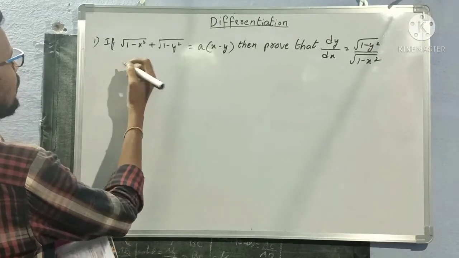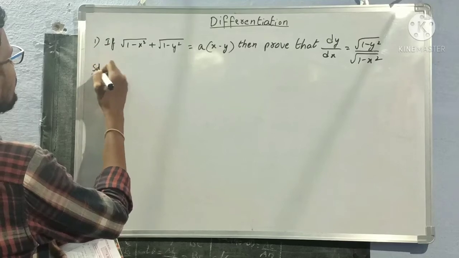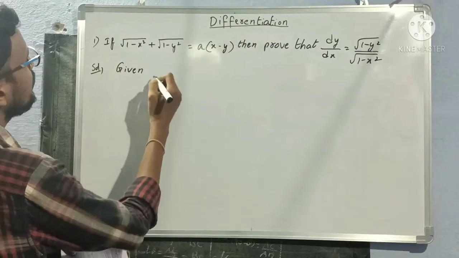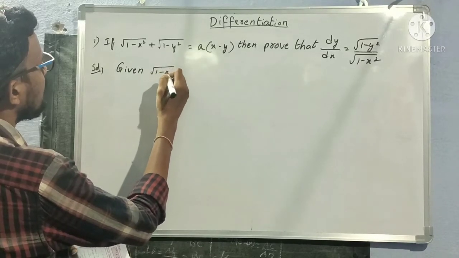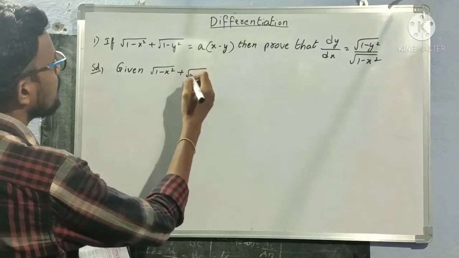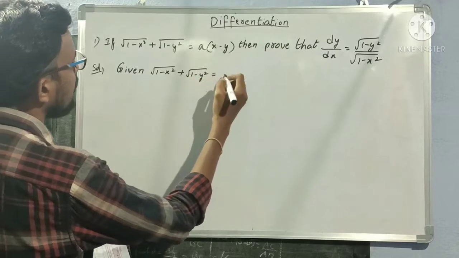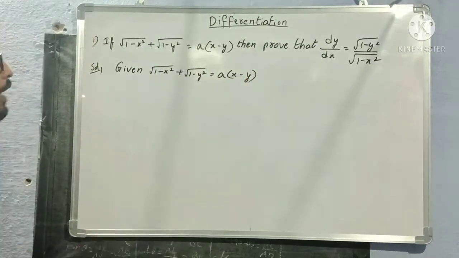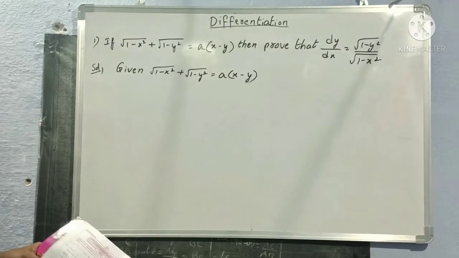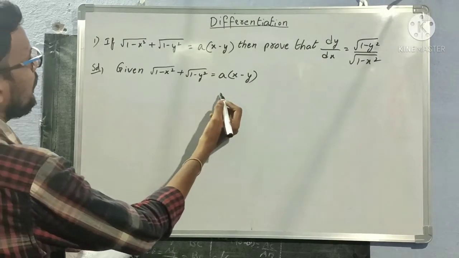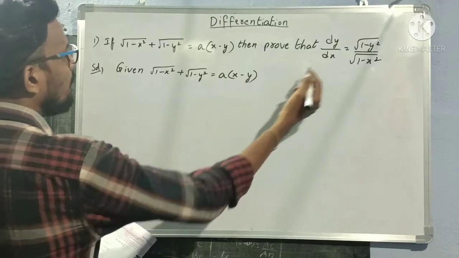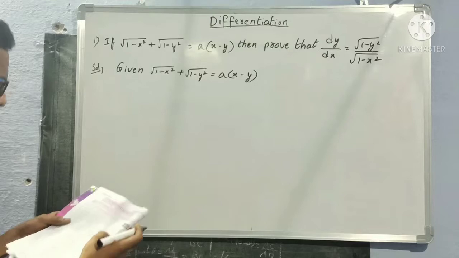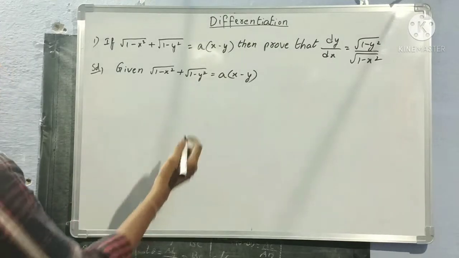So first let me write the given. Square root of 1 minus x square plus square root of 1 minus y square is equal to a into x minus y. Now we have to prove that dy by dx is equal to square root of 1 minus y square by square root of 1 minus x square.